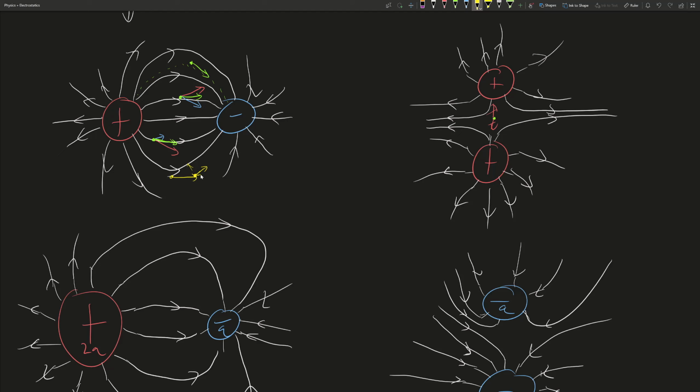So it will accelerate, and then it could overshoot and then hit this charge like that. But that doesn't mean it has to follow these field lines exactly. Okay, so those are the basics for electric fields.